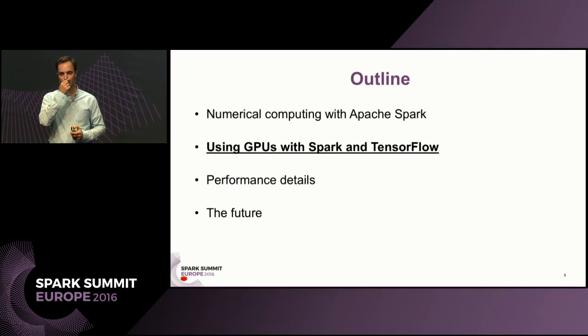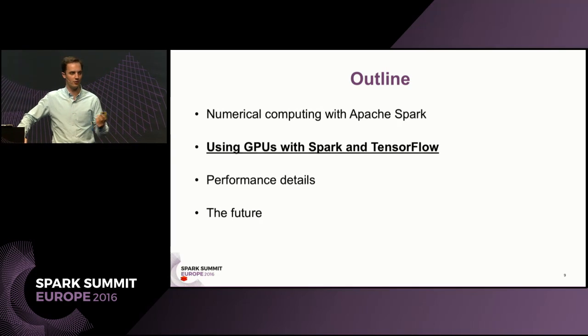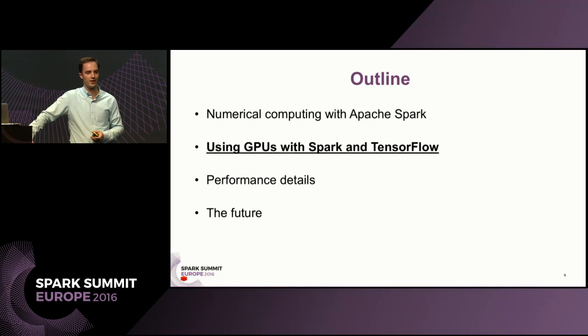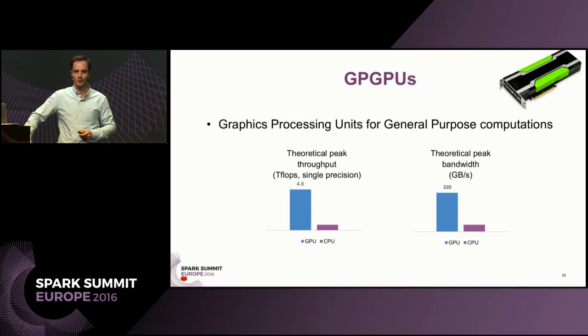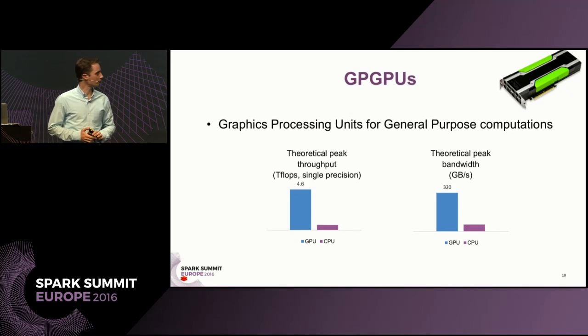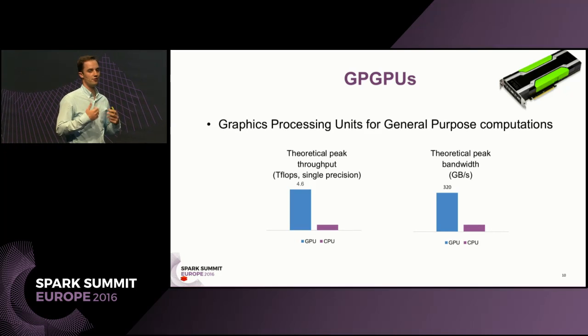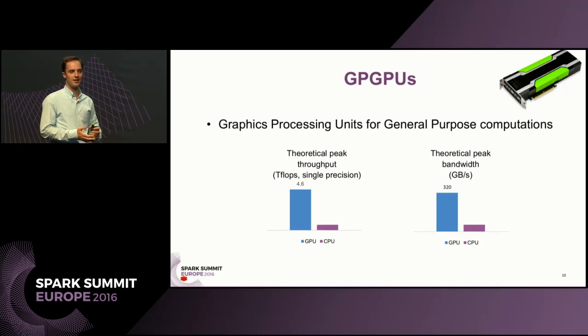So this is why I'm going to talk now about how we can use existing frameworks such as TensorFlow on specific hardware like GPUs to run these numerical computations. So if you haven't used GPUs, you may be wondering why do we need that? Well, the reason is just for doing pure number crunching, as was mentioned before, they're absolute beasts.